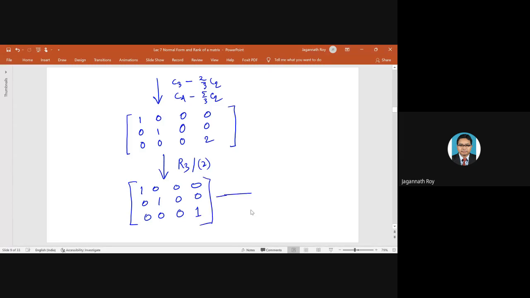Now we can just exchange C3 with C4. So it becomes 1, 0, 0, because we are doing the column operation, let us write the columns as 0, 0, 0, 1, 0, 0, 0, 1, 0, 0, 0. So this is what we have, I3.